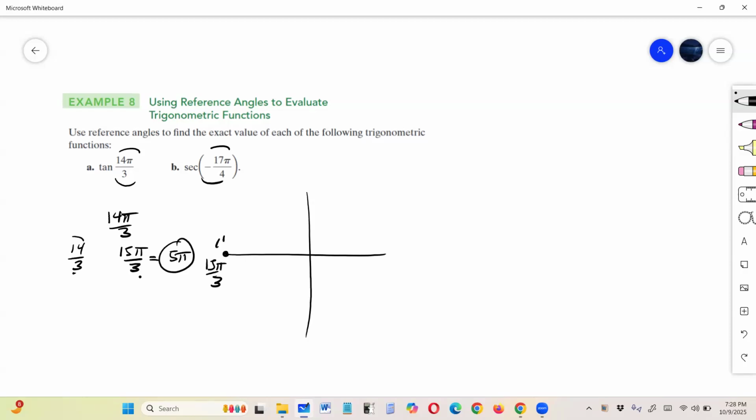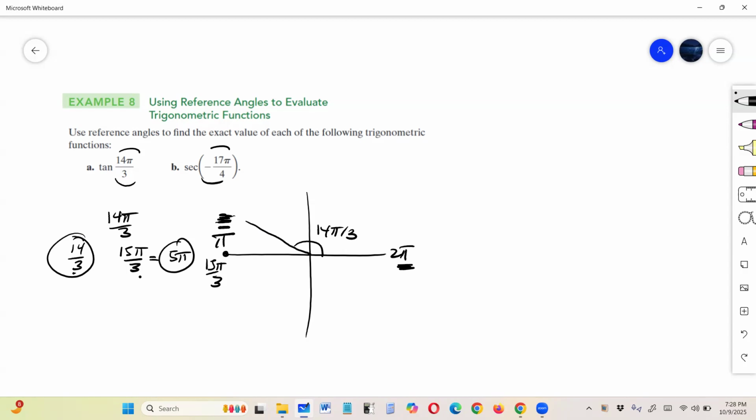Now, this location is pi, this location is 2 pi, and if I go another revolution, I'm back here again at 3 pi, and then 4 pi, and then 5 pi. So your 14 pi over 3, I don't need to know what it is, but I know it's here somewhere. It ends up right here, however many revolutions, I am not interested.